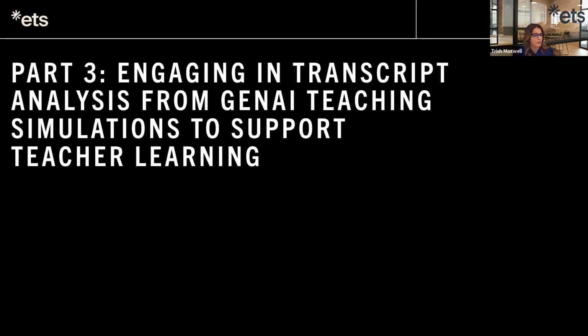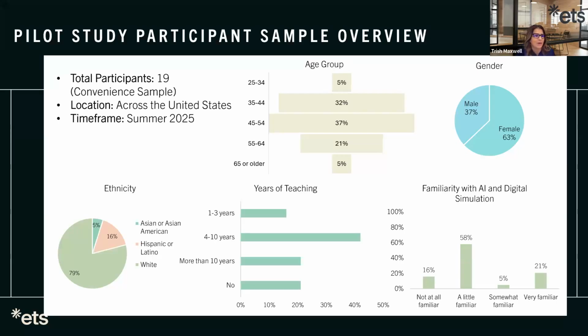So what I'd like to talk to you about now is the somewhat small pilot study that we did. We chose a convenient sample of 19 participants across the United States. They participated in the study during the summer of 2025. About 2/3 of the sample identified as female and white.